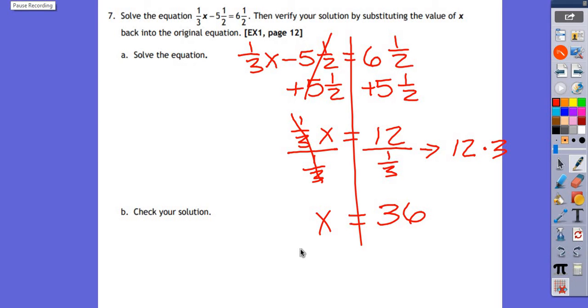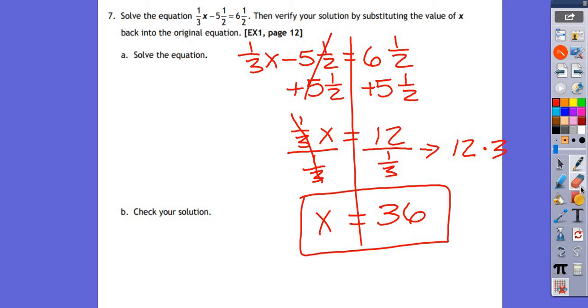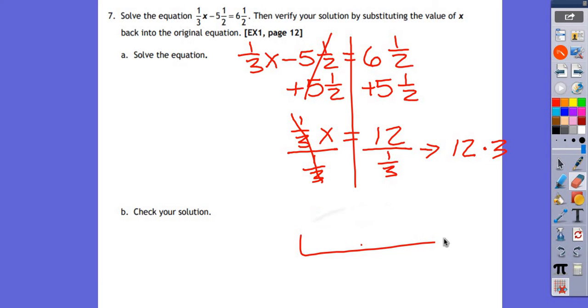Okay, I knew the answer is X equals 36, right? Okay, I'm going to show you a different way to solve this because I don't like dealing with fractions. Do you like dealing with fractions? Yes. No. Sometimes.